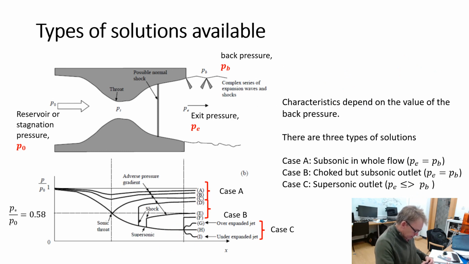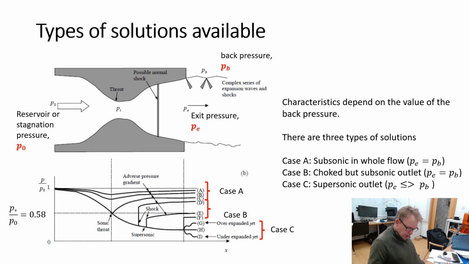The types of solutions you get out of this are really quite spectacular. So just combining the analysis we've just done with normal shock analysis, you can predict or describe all of these extremely complicated phenomena. And so we're going to discuss those as we proceed.